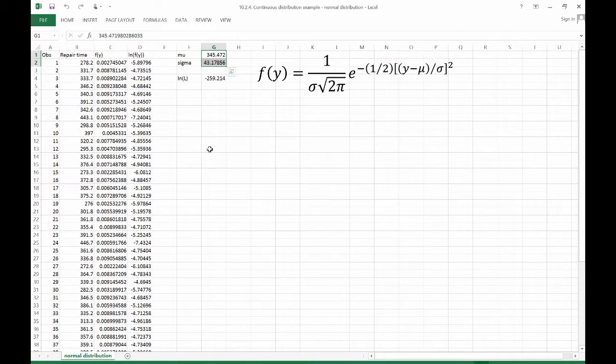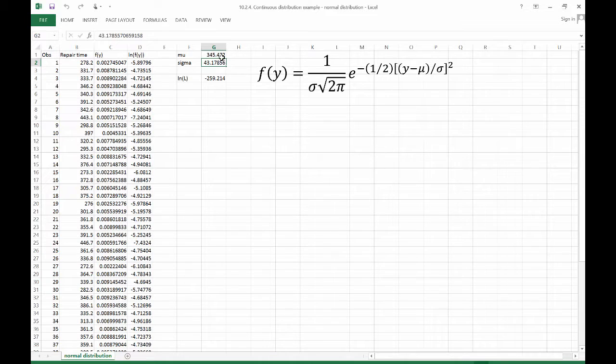And what this says is, based on however long we just ran the evolutionary algorithm, the approximately optimal value of mu is 345.5 and sigma is 43.2. I ran this previously, and so those were the numbers that I got previously.